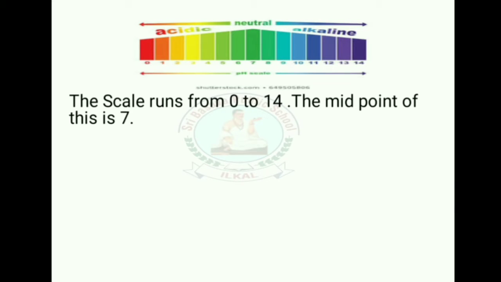As I told, the midpoint of that is 7. So 0 to 6 is the left part, 8 to 14 is the other part, and the middle 7 is the mid portion of the scale.